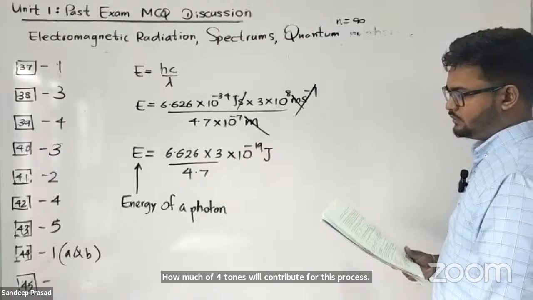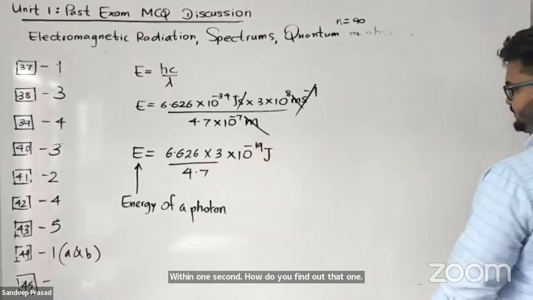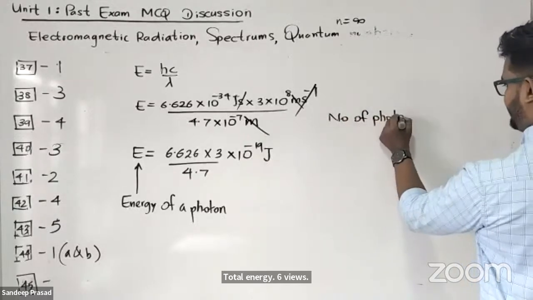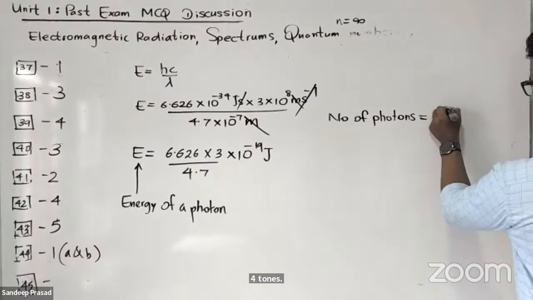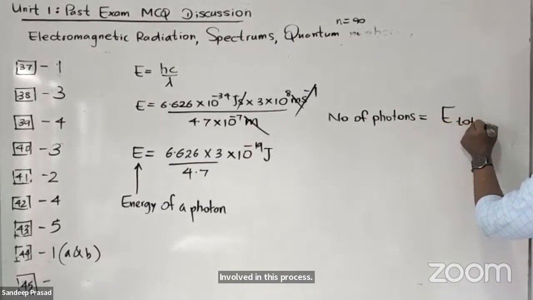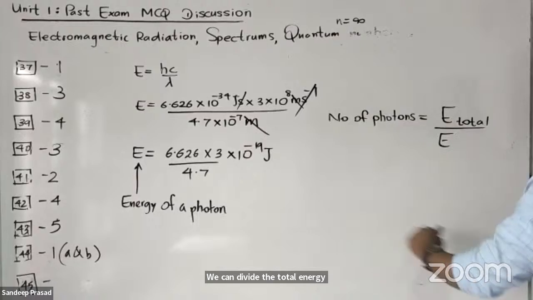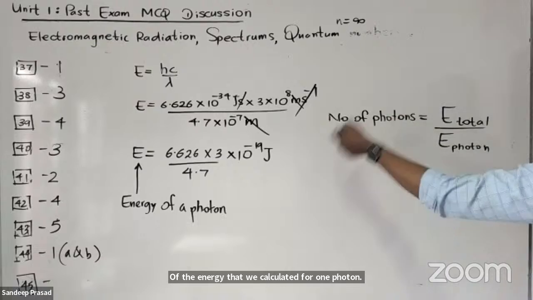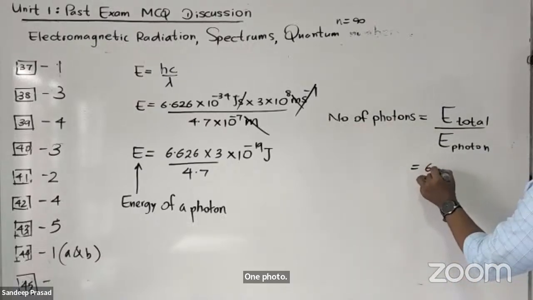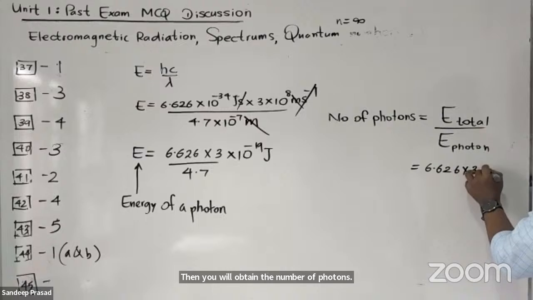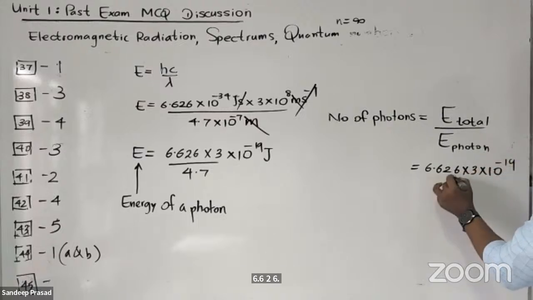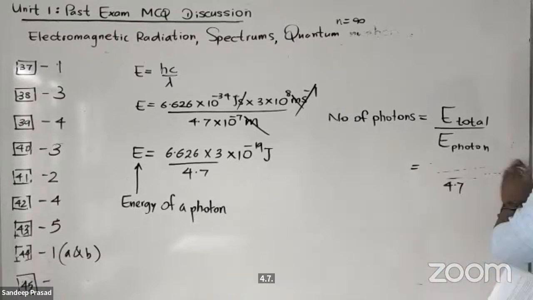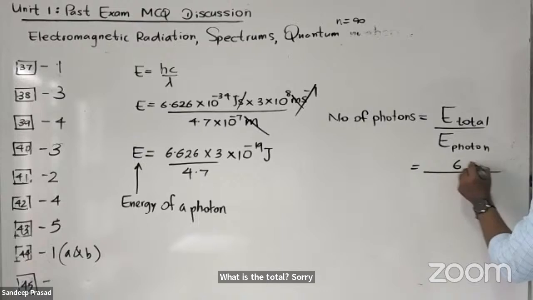How do you find that? Total energy is 6 joules, right? In order to find the number of photons involved in this process, we can divide the total energy by the energy that we calculated for one photon. Then you will obtain the number of photons. The total energy is 6 joules.